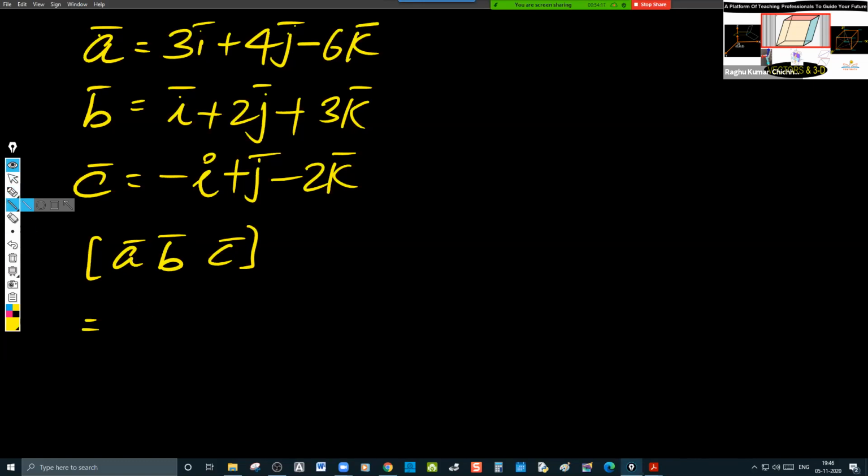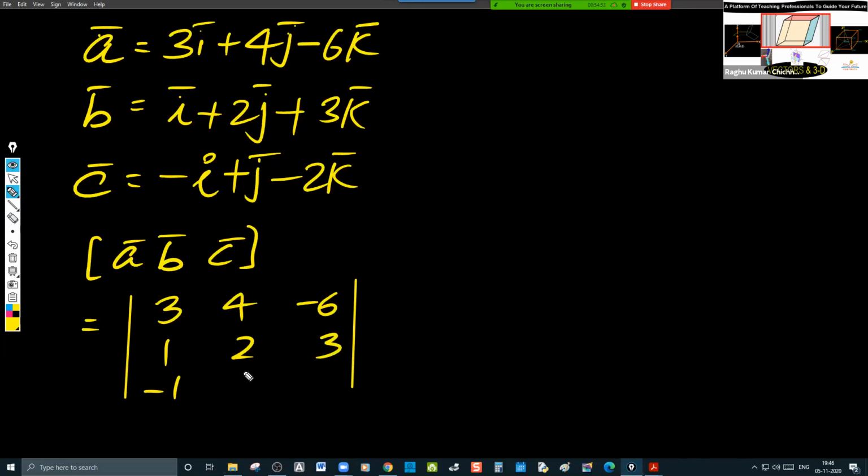Box ABC is the determinant with rows 3, 4, minus 6; 1, 2, 3; and minus 1, 1, minus 2. I'm not going to solve this determinant. You both please solve it and tell me the value.